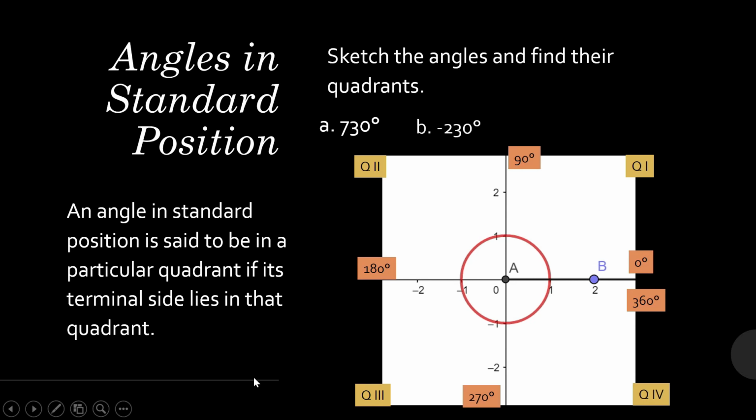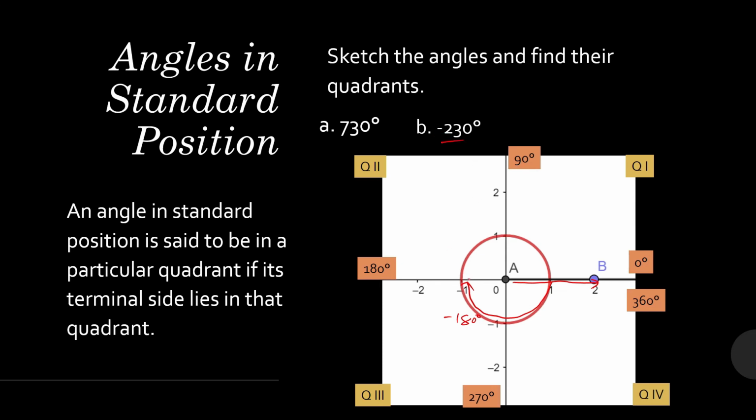How about negative 230 degrees? Starting from our initial side, we will make a clockwise direction. From our initial side to this point, it is negative 180 degrees. So that means we must add an extra negative 50 degrees to get to negative 230 degrees.